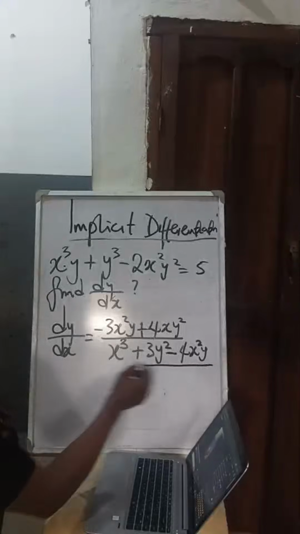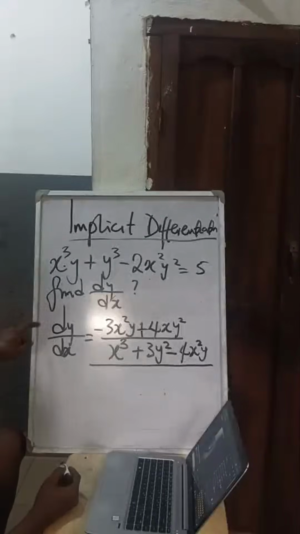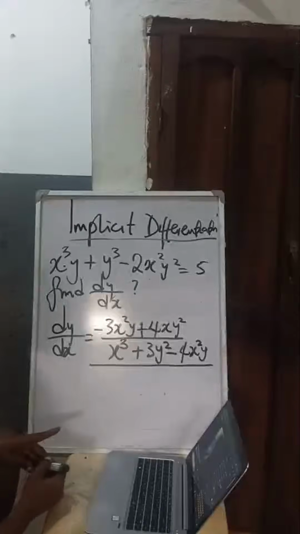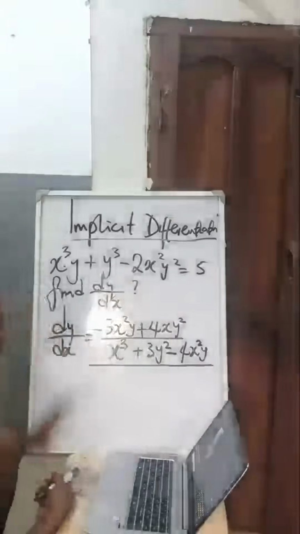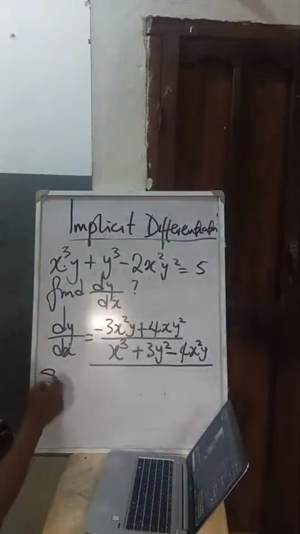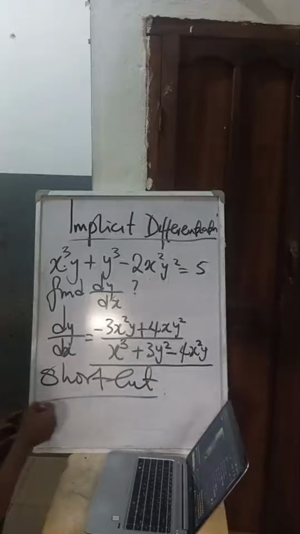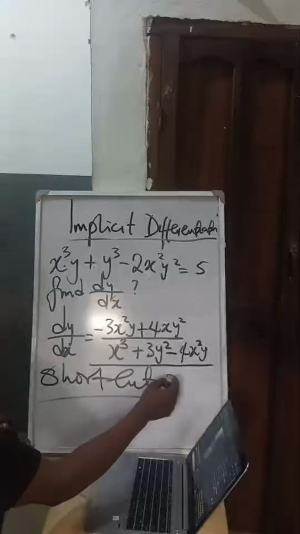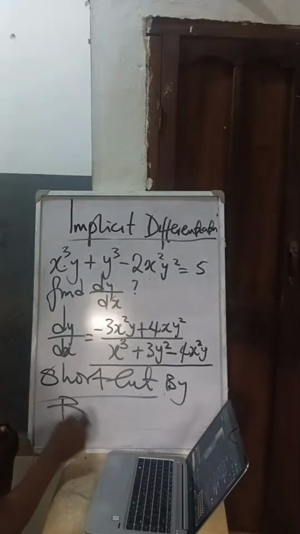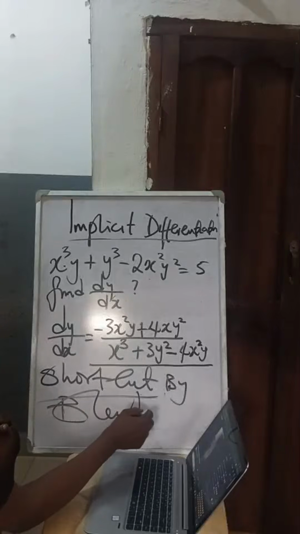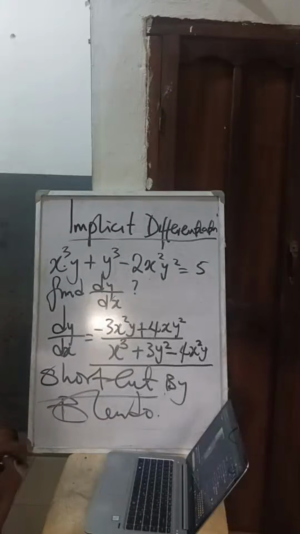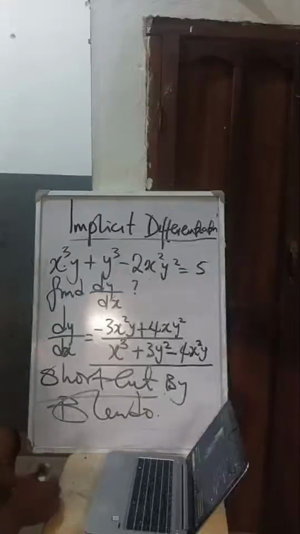So this is the solution to this question, dy dx, the implicit differentiation, the shortcut. So this one is shortcut, okay, shortcut by Blendo. So that is how we talk about implicit differentiation.